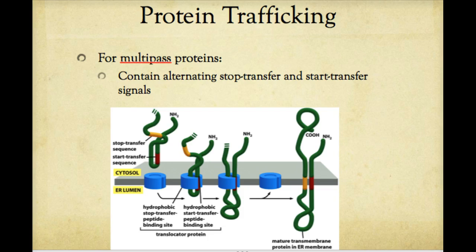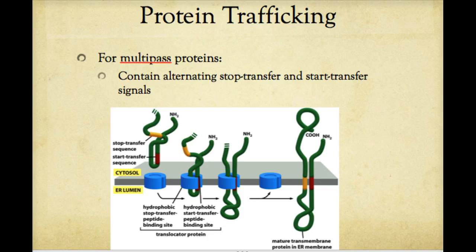Remember, the stop transfer sequence is also hydrophobic. So that yellow region is going to stop in the pore and bind to the wall. Okay? Now, this is a simple example, but at that point, that's a multi-pass protein. It will go through lateral diffusion to get out of the pore, and as you can see on the right-hand side, it has passed the membrane twice.